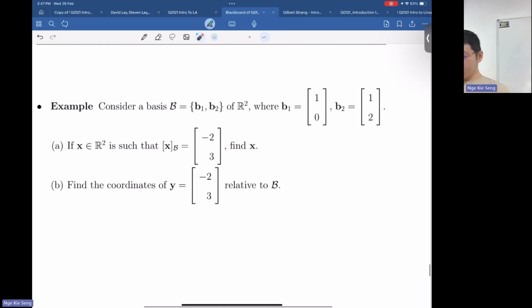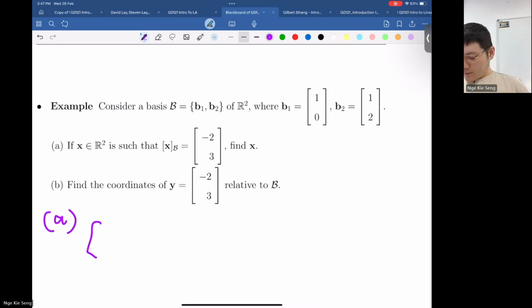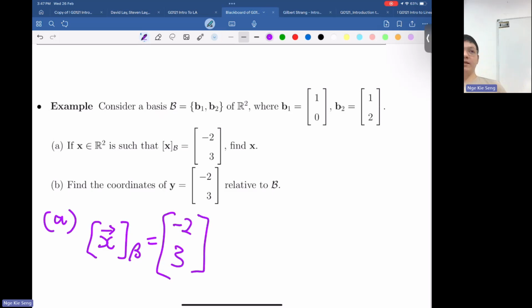Let's check this example here. Consider a basis b1, b2, where b1 is 1, 0 and b2 is 1, 2. If x in R2 is such that the coordinate vector of x is negative 2, 3, find x. What does this mean here? This is actually checking whether you know the definition of the coordinate vector or not.